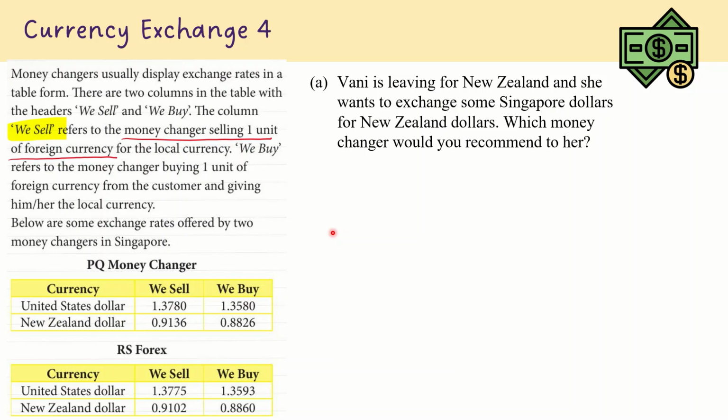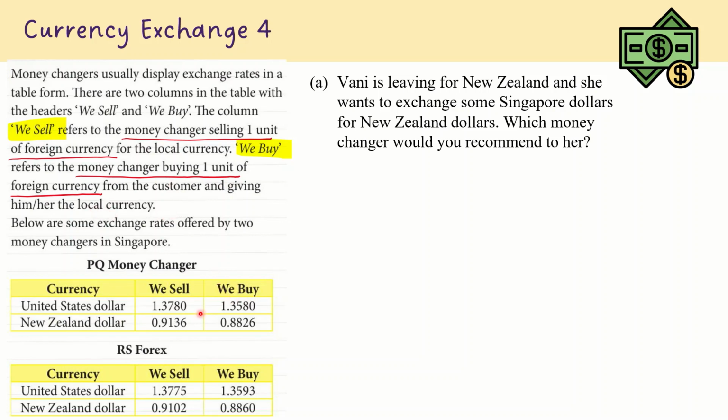So for instance, for this PQ money changer under the we sell column, what this means is that for 1 United States dollar, they will be charging you 1.3780 Sing dollars. Then there is also a column that says we buy. And this column tells us the money changer is buying 1 unit of foreign currency.